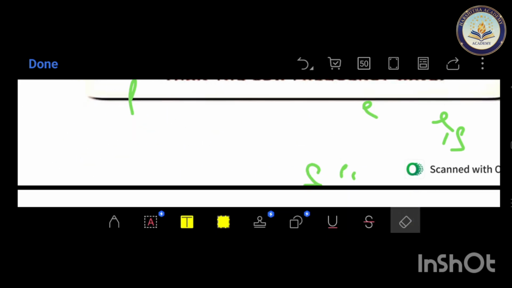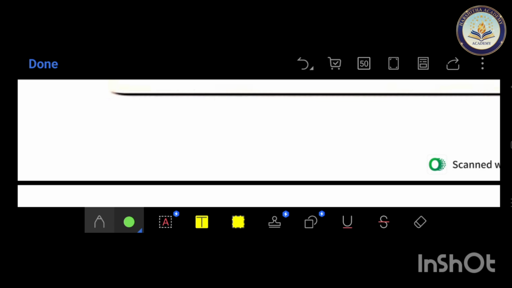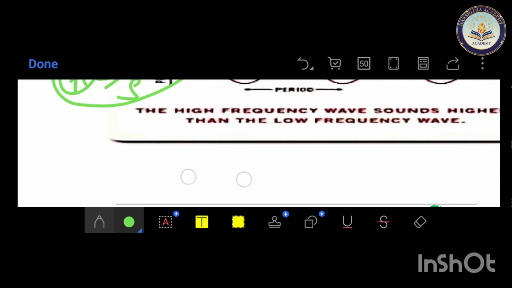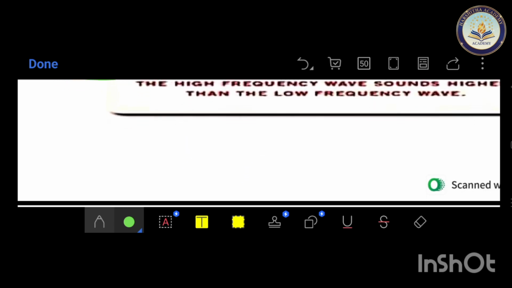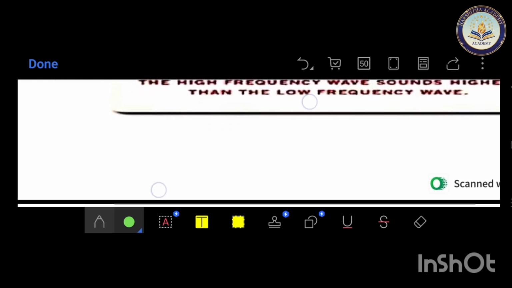Let's go on. Here is an important topic, guys. Keep it in mind and note it down. Speed in different media: how fast a wave travels through a medium. In gas, the speed of sound is 343.2 meters per second.